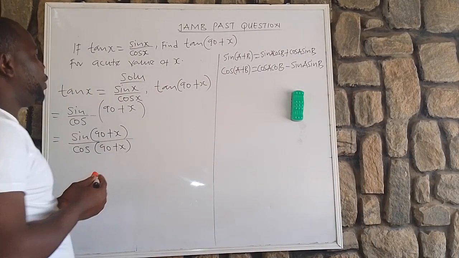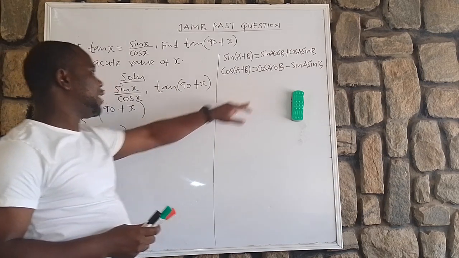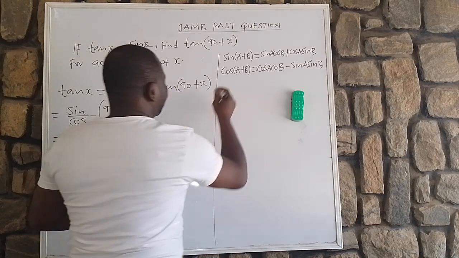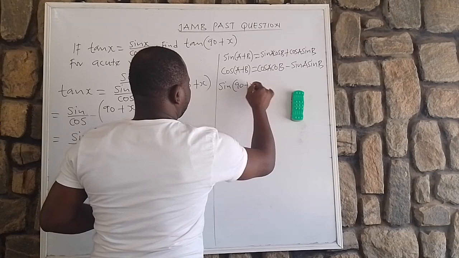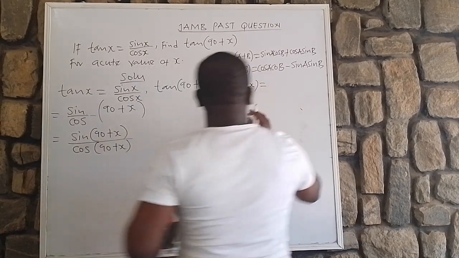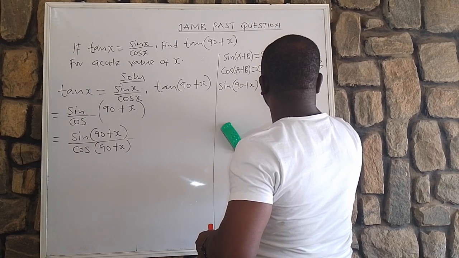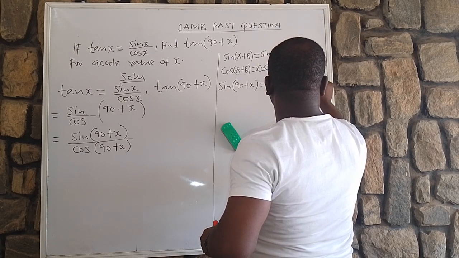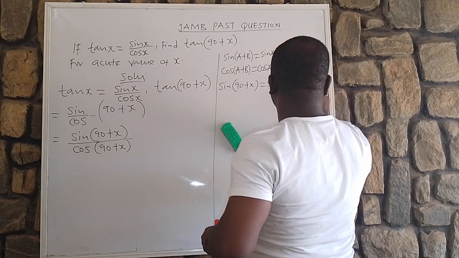So if you agree with me, this implies that we can transform this way. So assuming we have sine 90 plus x, this is the same thing as sine 90 cos x plus cos 90 sine x. True or false?